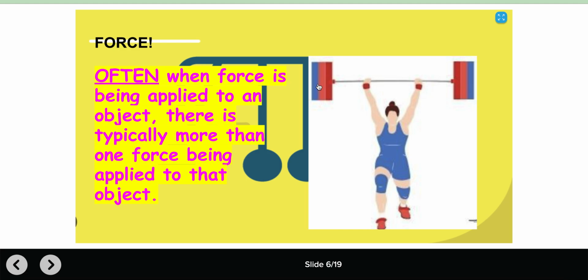That's a lot of weight. But in this instance, you have 2 different forces being applied to the object lifted above the woman's head. You have first the woman lifting the object above her head, and then second, you always have gravity acting downward, pushing it back towards the ground. So right there we have two forces.